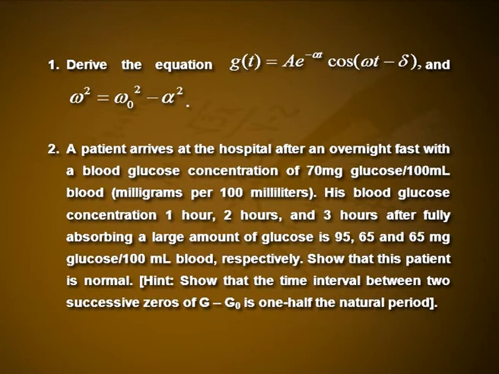His blood glucose concentration 1 hour, 2 hours and 3 hours after fully absorbing a large amount of glucose is 95, 65 and 65 mg glucose per 100 ml blood respectively. Show that this patient is normal. Hint: show that the time interval between two successive zeros of G minus G naught is 1/2 the natural period.